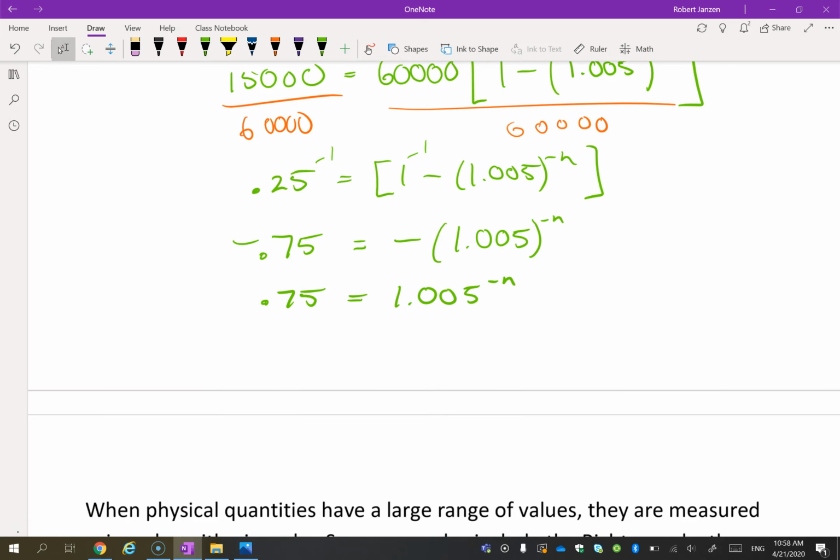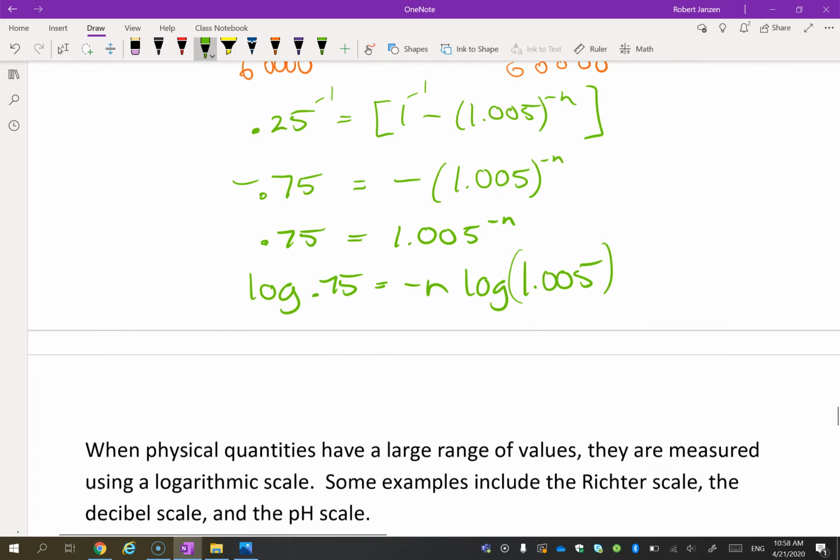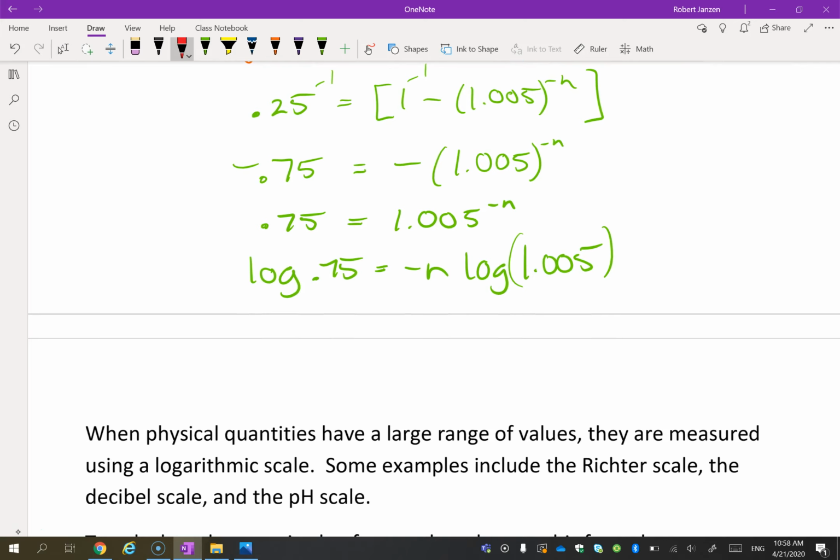I'm going to take the log of both sides. And that allows me to put my coefficient in front. So divide both sides by log 1.005.